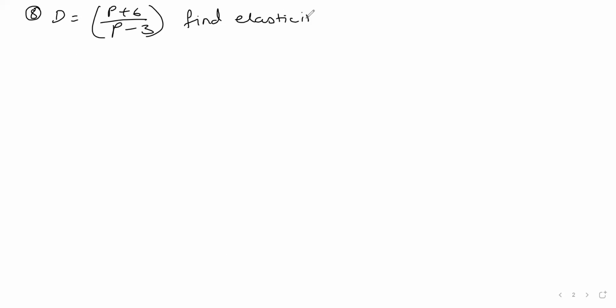Question 8 is, if the demand function is D equals P plus 6 upon P minus 3, because we know that demand is a function of price, then you have to find elasticity at P equals 4.